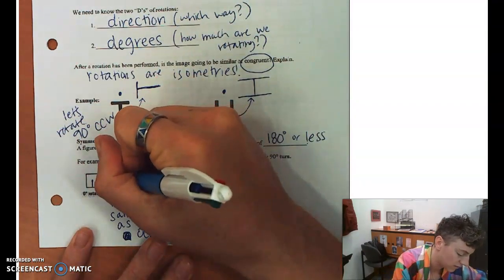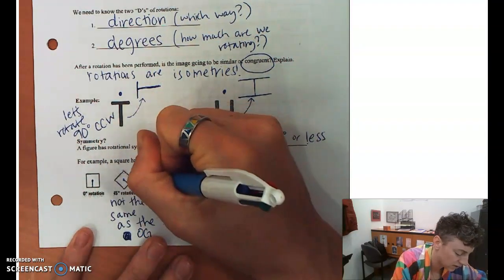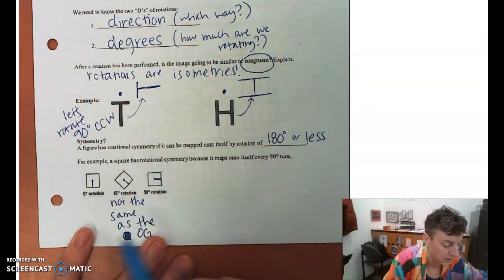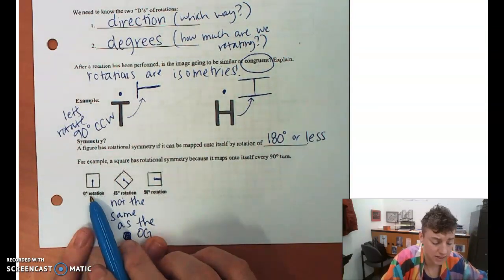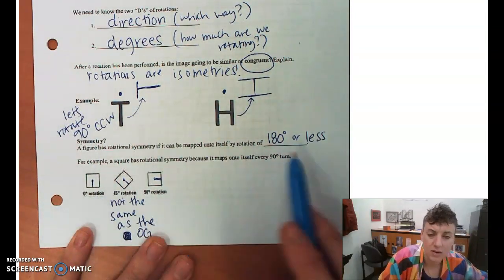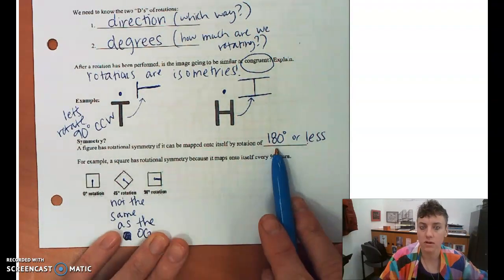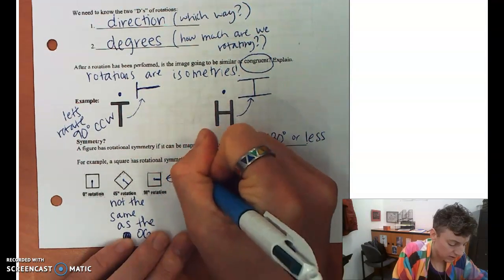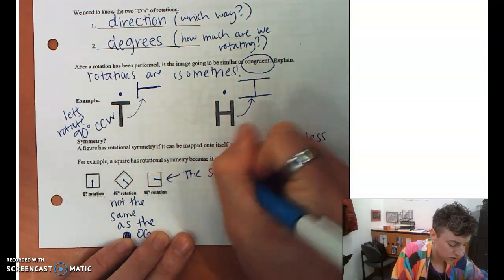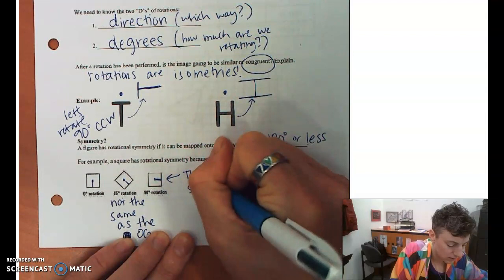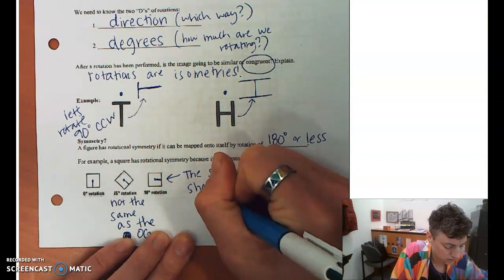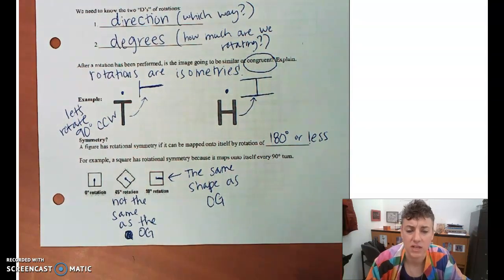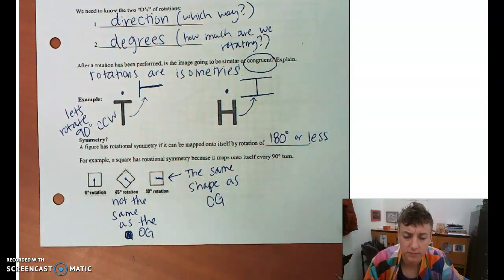We rotated it 45 degrees, now it's over here. Rotated 45 degrees, now it's over here. But the original shape is the same as the new shape in 180 degrees or less. So this is the same shape as the original. So it's got rotational symmetry.